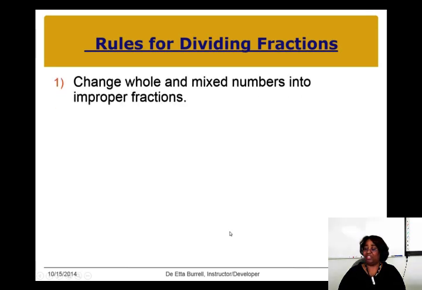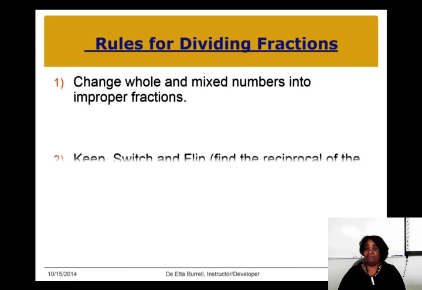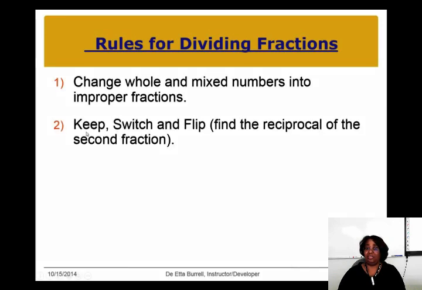First, you're going to change any whole number or any mixed number, that's the whole number with a fraction, into an improper fraction. Then you're going to use this method of keep, switch, and flip to find the reciprocal of the second fraction. Only the second one. Don't do this on the first fraction, but the second fraction.